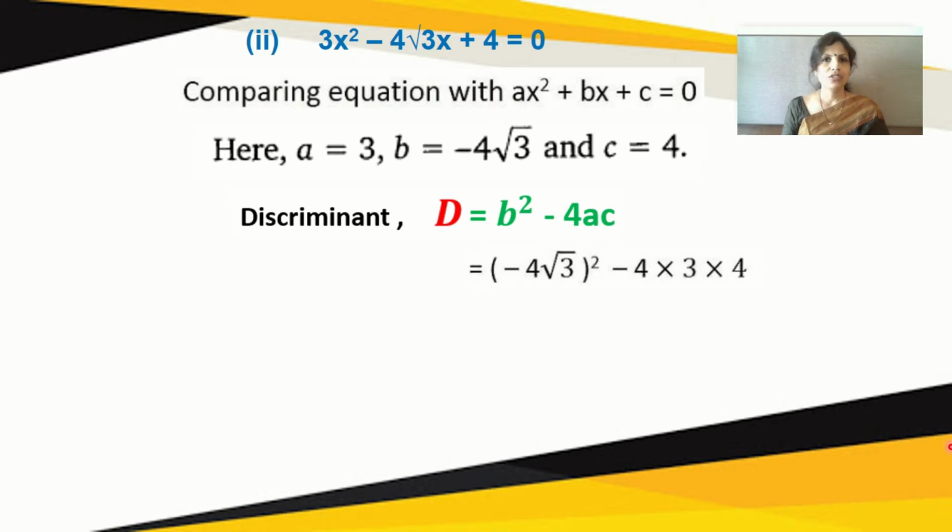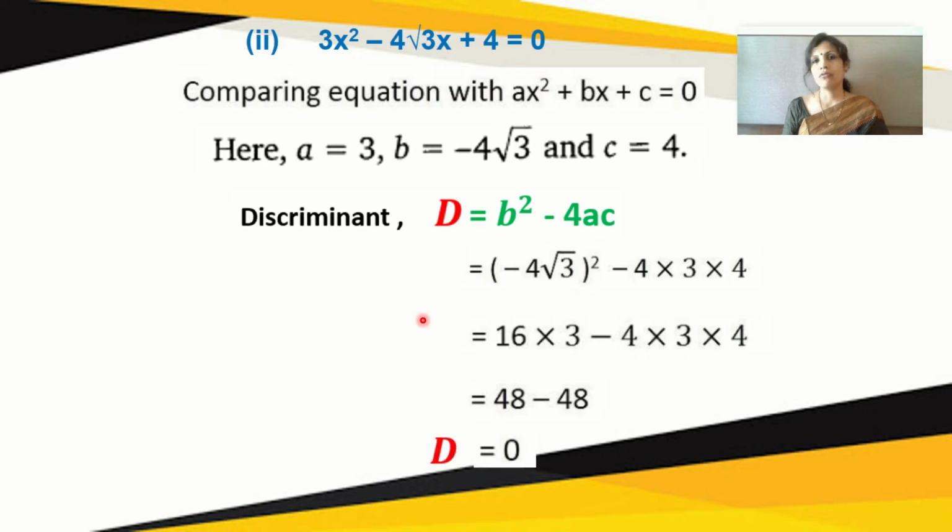Minus minus will become plus when you square the term. So 4 4s are 16, and root 3 squared is 3. So it will be 16 into 3 minus 4 into 3 into 4. Now simplify this. We get 48 minus 48.